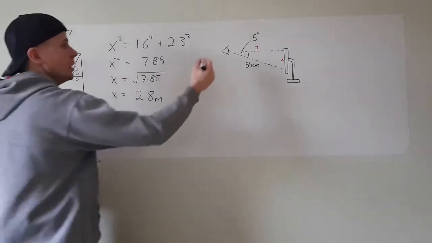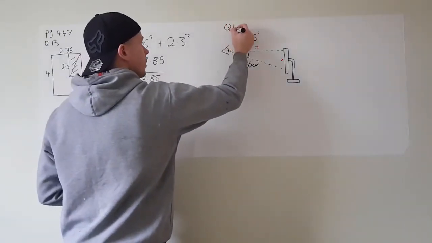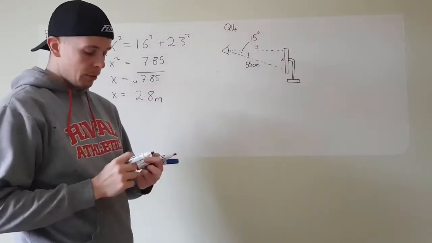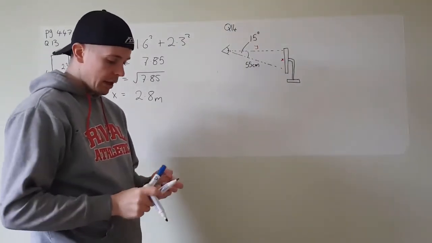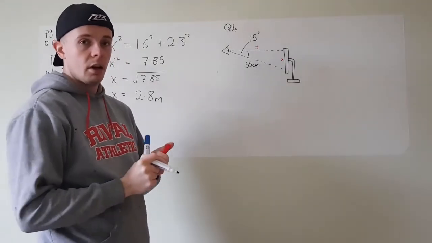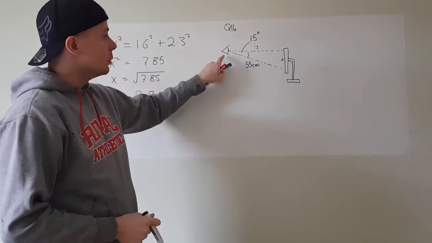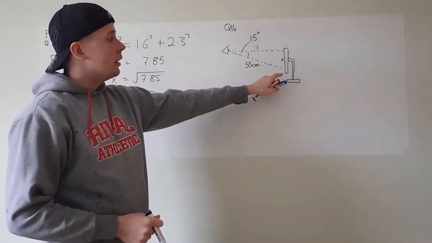Now that's question 13. So here we have question 14. A lot of us now are at home on computers and tablets and the rest of it, and it's to do with occupational height for viewing a screen. So you've got somebody here, they're viewing it, and there's a computer screen.